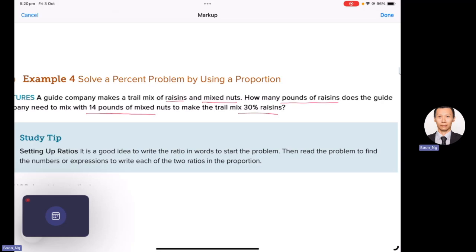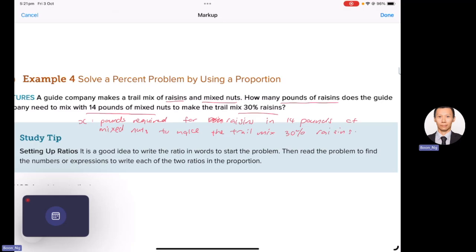So what we need to do is we can set x pounds required for raisin and 14 pounds of mixed nuts to make the trail mix 30% raisin.